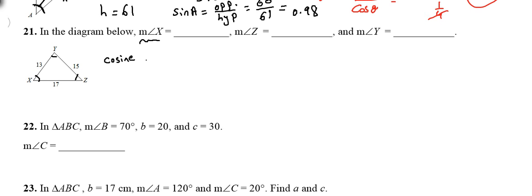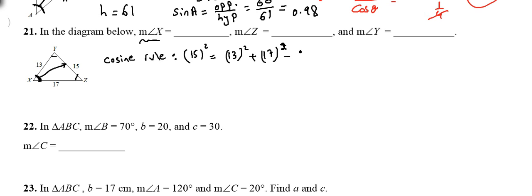What is the cosine rule equal to? If I need the measure of angle X, I start with the side which is opposite to X, which is 15 squared alone, equal to the sum of the squares of the other two sides, 13 squared plus 17 squared. But this triangle is not a right triangle, so I cannot apply Pythagorean. I have to continue.